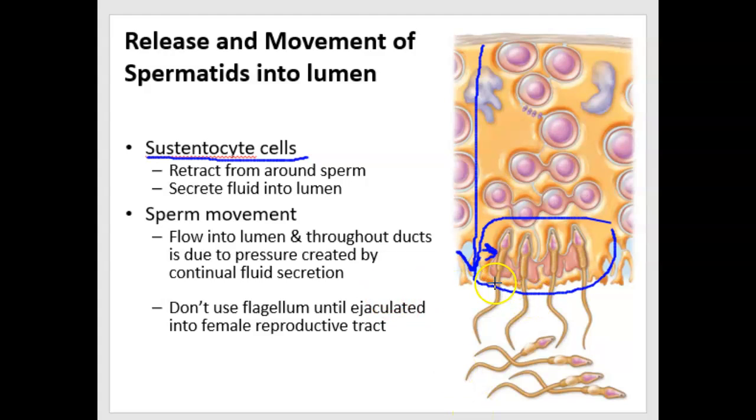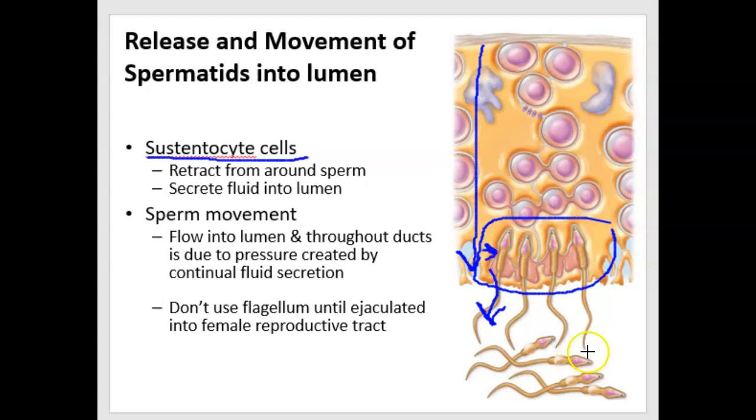So the flow of the fluid into the lumen and throughout the whole duct system of the testes, as well as the vas deferens, creates pressure because the fluid is continually secreted.